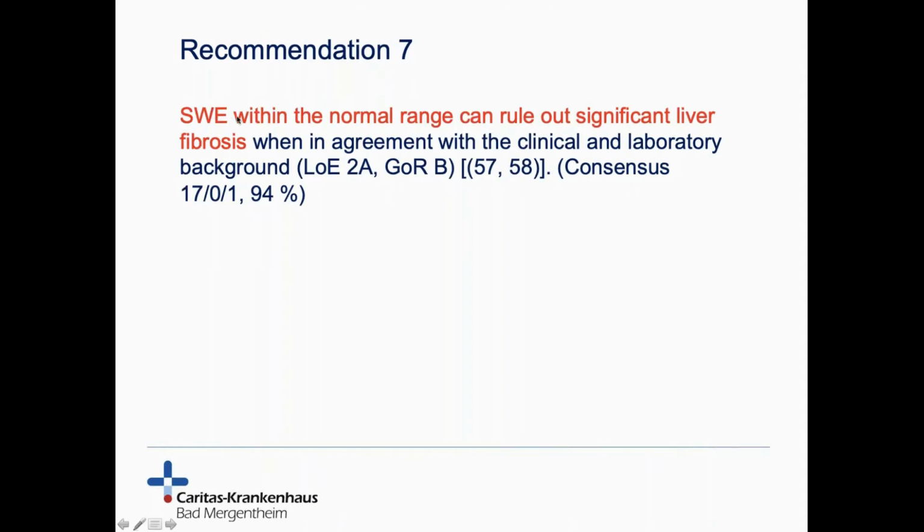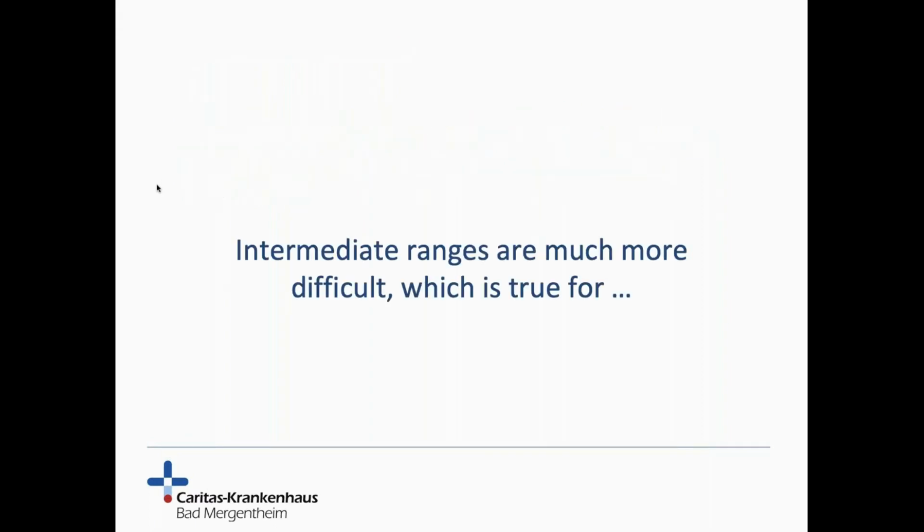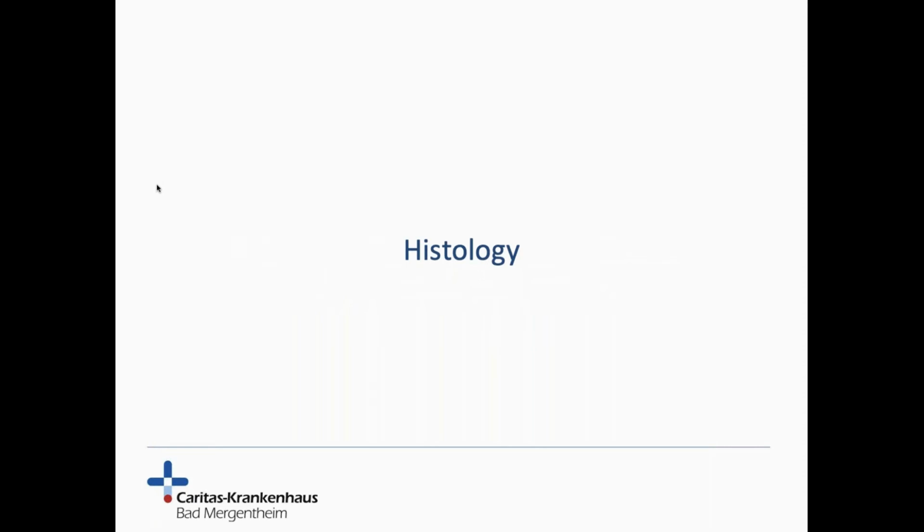Most importantly, shear-wave elastography within the normal range can rule out significant liver fibrosis. That's the most important clinical recommendation, with a high level of evidence and high consensus. Intermediate ranges are much more difficult, which is not only true for histology.